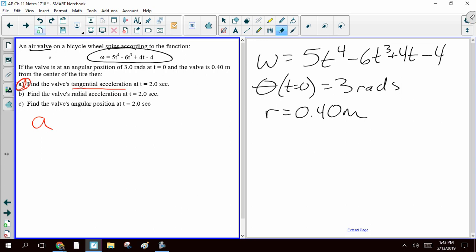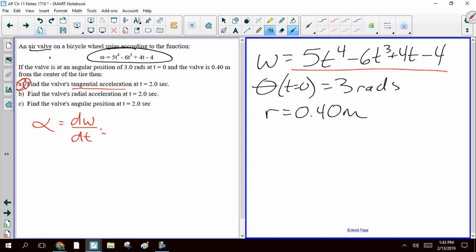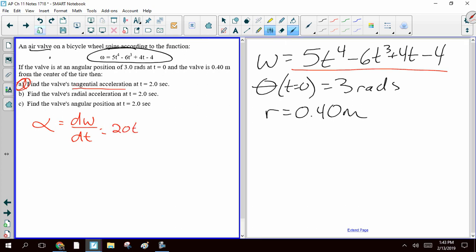Okay, so our angular acceleration is the derivative of our angular velocity. So we're just going to take the derivative of this mess with respect to t. So if you do that, you get 20t cubed minus 18t squared plus 4. Okay, so now we can figure out specifically what that is at 2.